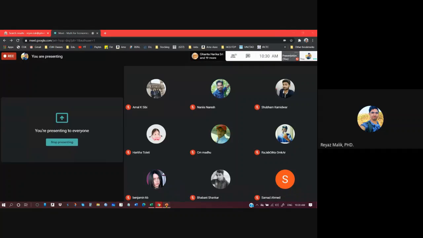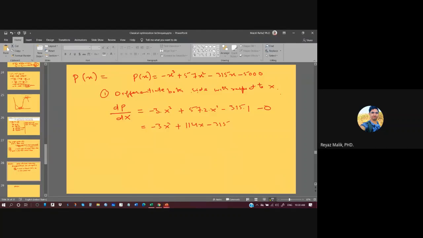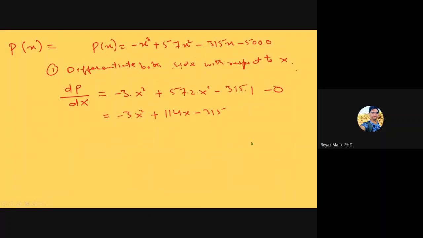Okay. I will start. We'll talk later. So this is our function. After we do this, for maxima and minima, we have got the final equation for dP by dx. Then what is the next step?